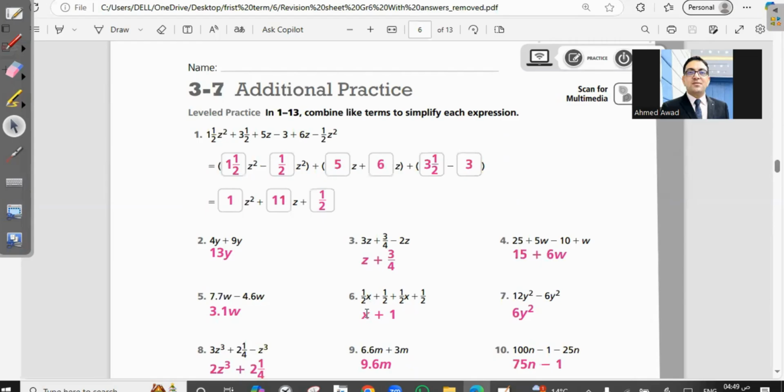But we can't add x to a half, they are different. So we can say half plus half equals 1. But we can't say 1x plus 1 is going to be 2x. That's not correct. So it's going to be just x plus 1.